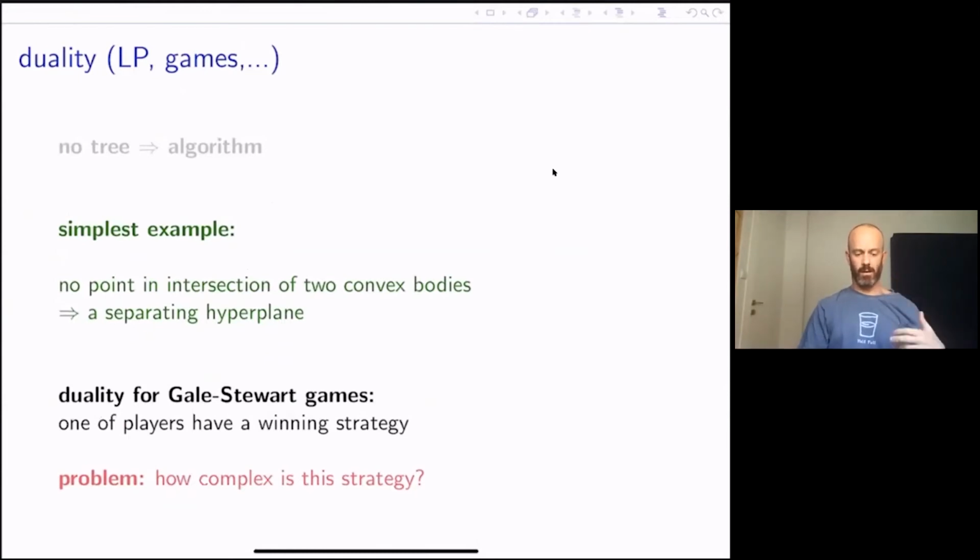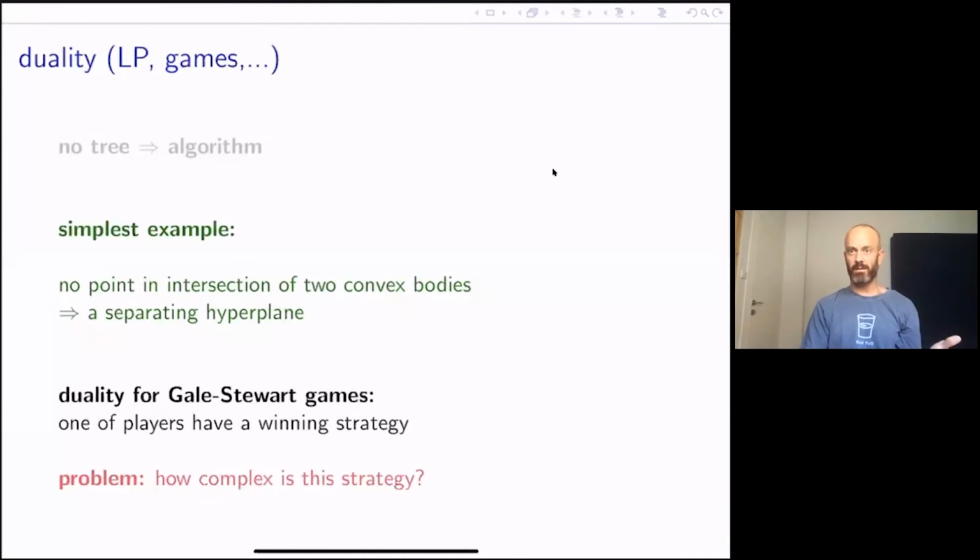So a problem we need to solve, or something we need to understand, is why is the strategy this duality gives us not crazy? Why can we use it in the context of probability theory? Why is it measurable? How can we take this very abstract scenario and produce something that is not crazy?